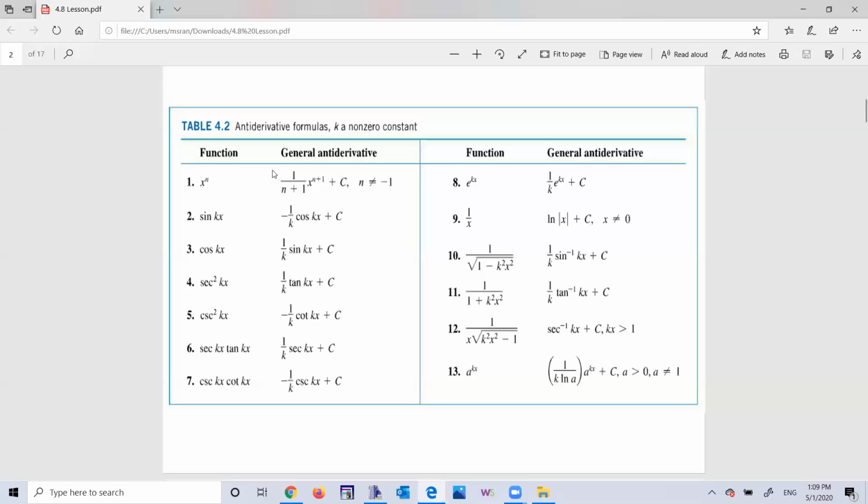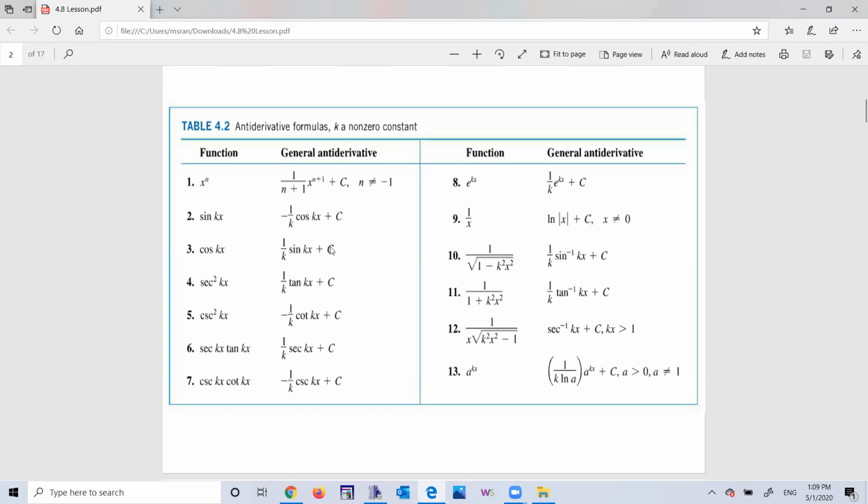You're going to use the formula that is right across from it, right in front of it. It's not that difficult to follow the formulas. I know that it looks like a lot, but it's just a matter of following the pattern of the formula. This n you see here is used to represent what number or what expression is going to be in the exponent. It's the same n as every n you may see in the general antiderivative formula.